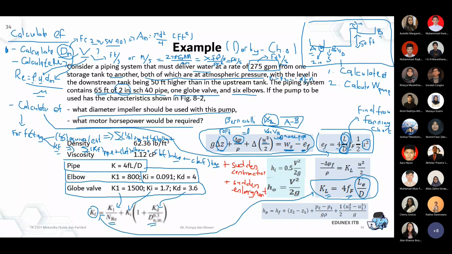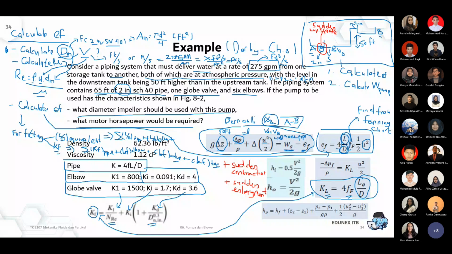Why? Because over here you have a sudden contraction, where the very wide tank becomes contracted when it goes to the 2 inch pipeline.